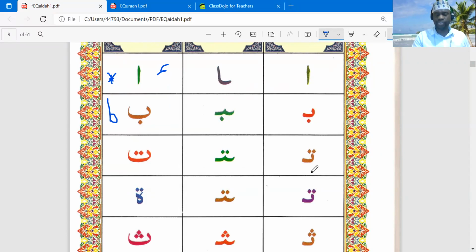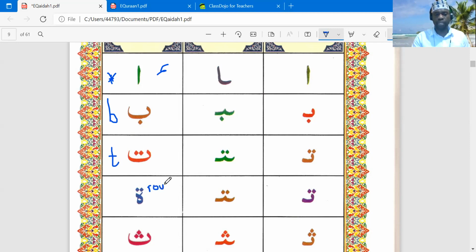The next letter is called Ta. Ta has two dots on the top. Anytime we see the Ta, it sounds Ta, Ta. Then it's also Ta because it has two dots on the top, and this is called a round Ta.